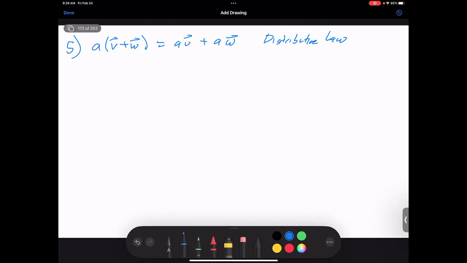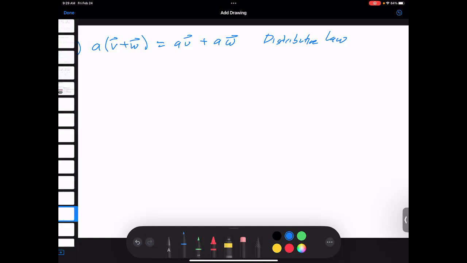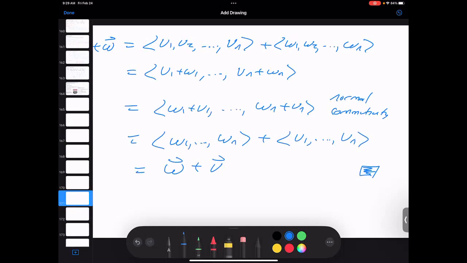If you think about it, I can first add v and w and then rescale by a factor of a, or I can rescale v, rescale w, and then add them. And again, the way you would prove this is you would just go through and do a calculation very similar to this. So as a nice exercise, if you want, just try to go through and prove that the distributive law holds.